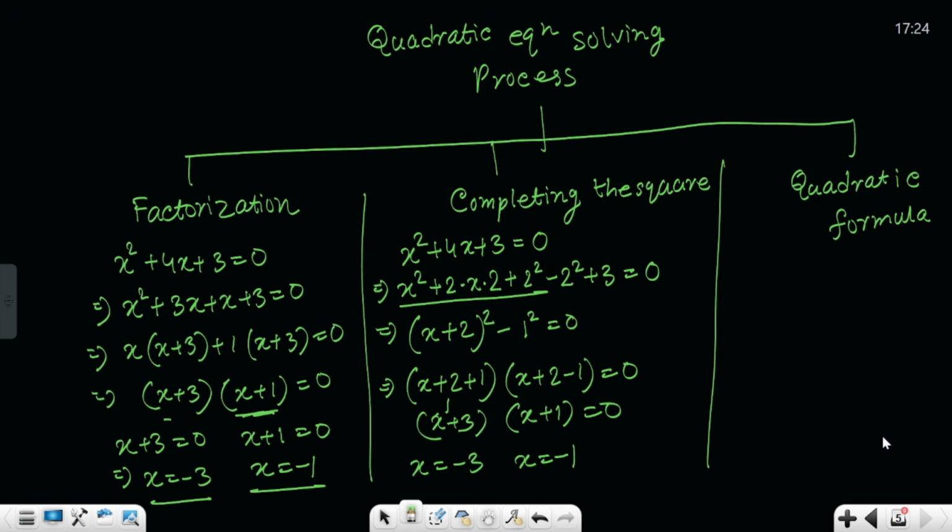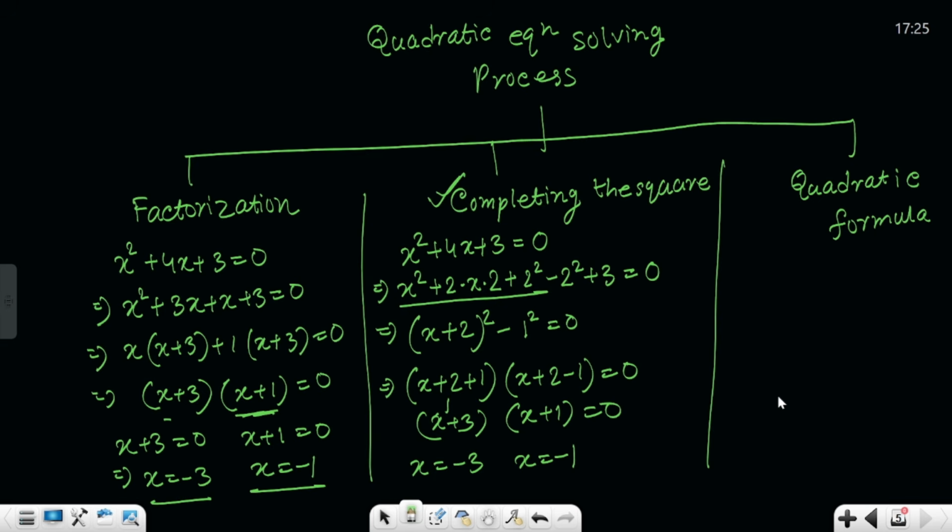Okay. So this method is less used. At first, we need to try to factorize a quadratic expression or equation, you can say. If that does not work, then we will go with the quadratic formula, which we are going to discuss now.